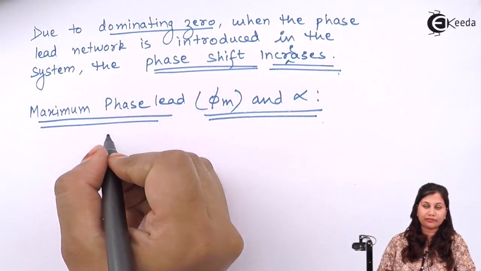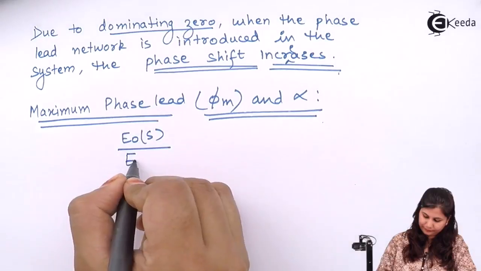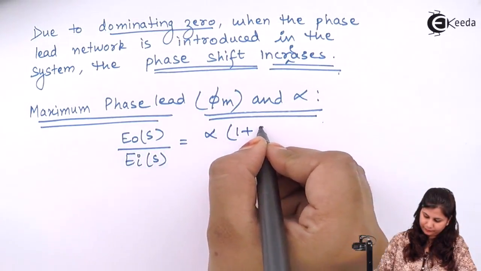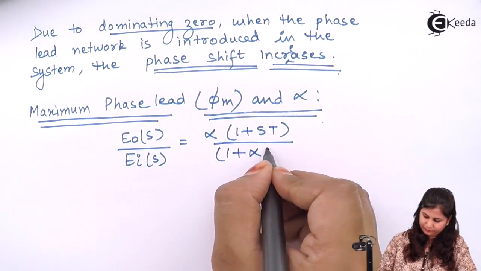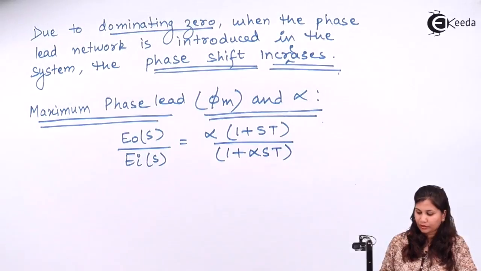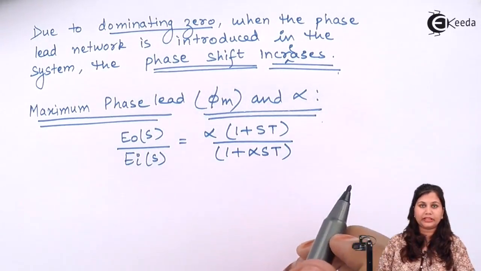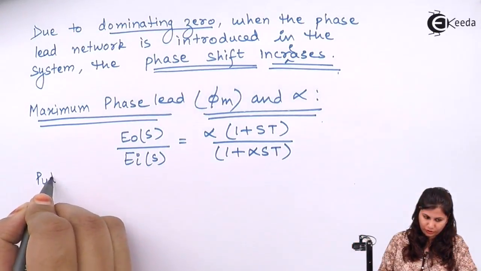We have the transfer function as E naught S. This is the transfer function in the S domain. Now let us obtain the transfer function in the frequency domain. So put S equals j omega.